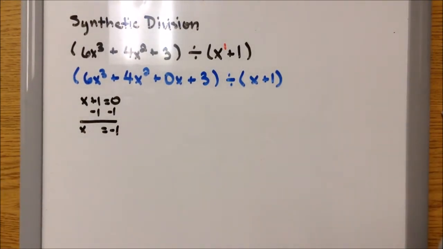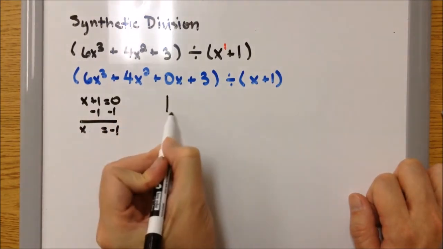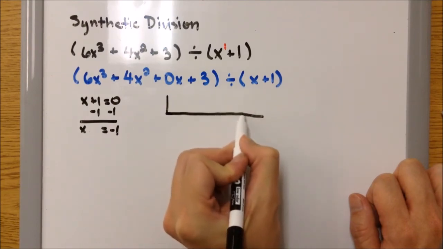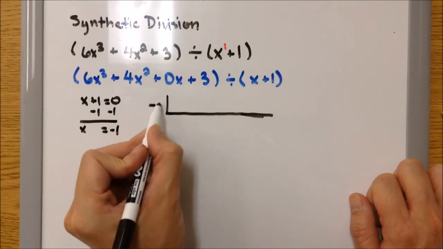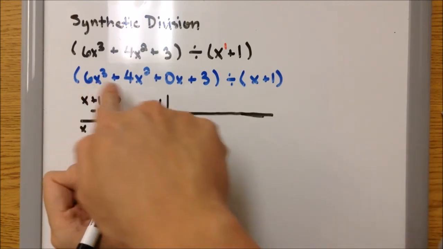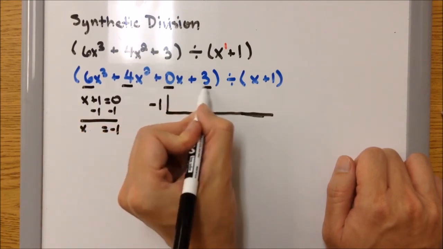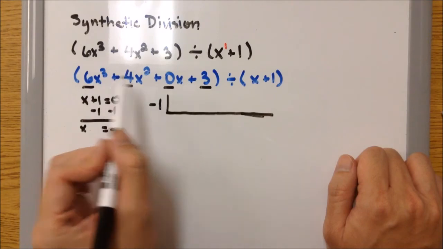Alright, now to set up the work. So, and draw that L-shape table. Alright, so this negative 1 will go out here, and I'm only using the coefficients, so the 6, the 4, the 0, and the 3. Now keep in mind, I'm going to be using positive because they all have plus.